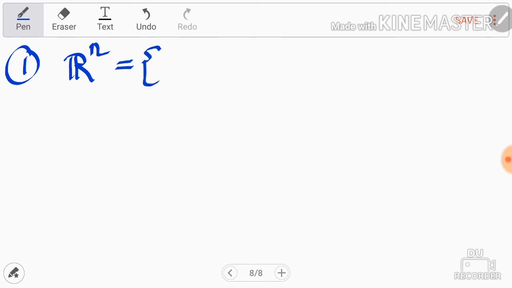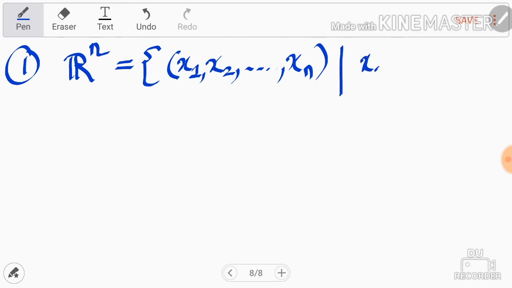What do you mean by Rn? Rn is simply a collection of n tuples. N tuples mean you have n coordinates for a point in the space, and each of these coordinates xi belong to the set of real numbers.